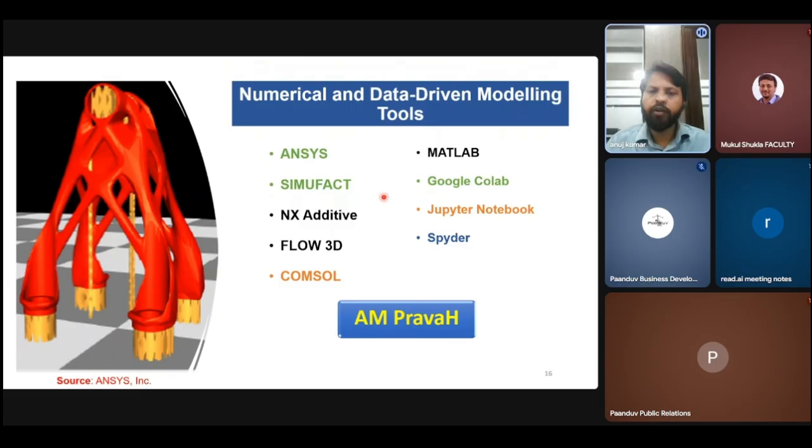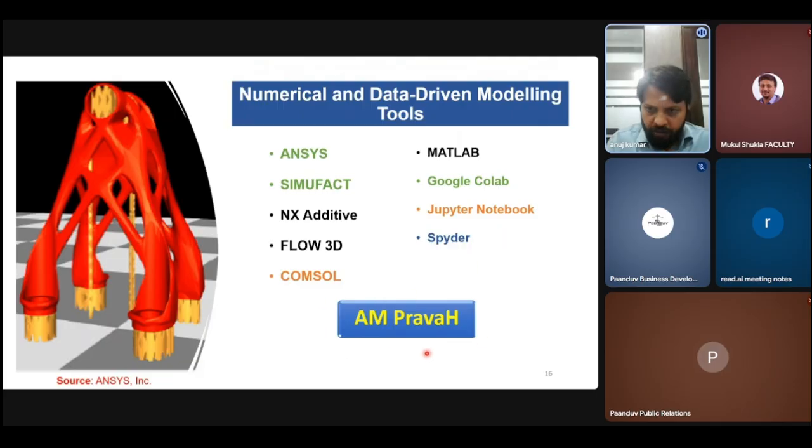So now we are going to jump to AM PravaH, and how AM PravaH is going to help you. Before that, in the market we have different numerical and data-driven modeling tools. You can have ANSYS, SimUFACT, NX Additive, Flow 3D, COMSOL. For data-driven modeling, you can use MATLAB, Google Colab, Jupyter, or Spyder Notebook.